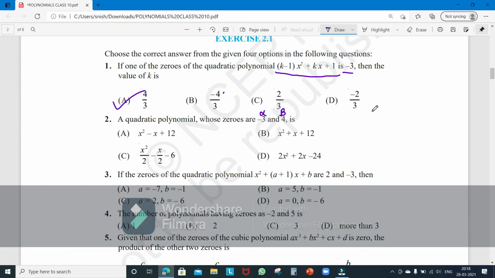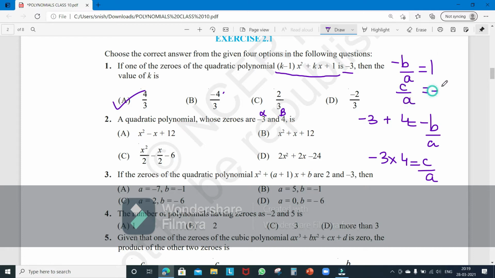Okay, so we know that the sum of the zeros equals minus b by a and the product of the roots is c by a. So here minus b by a, you will get as 4 minus 3, which is 1, and c by a is negative 12.